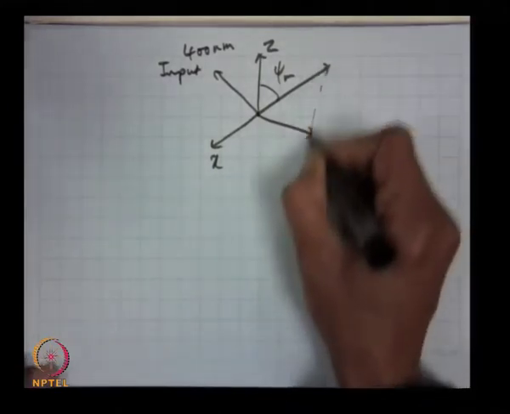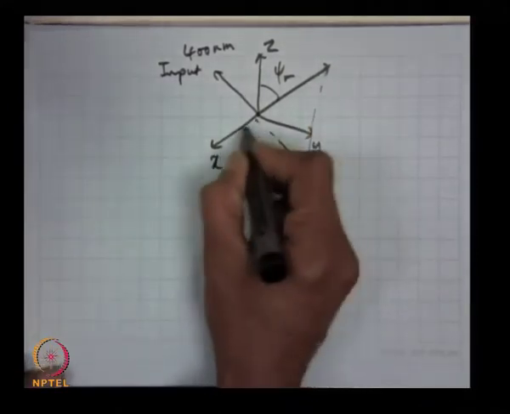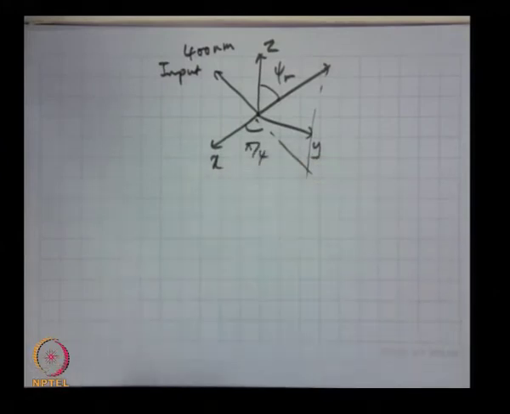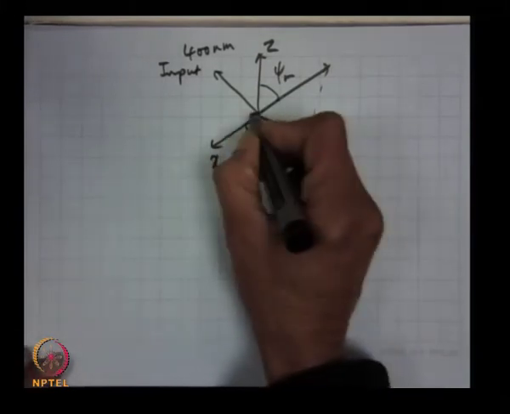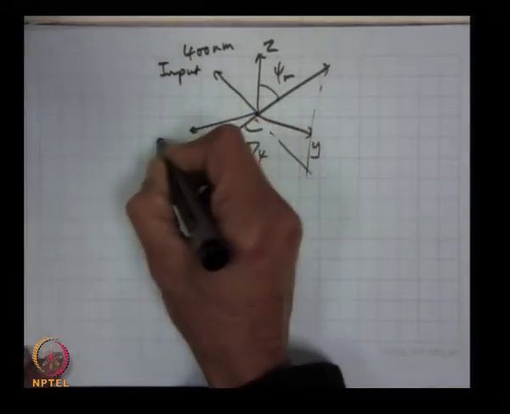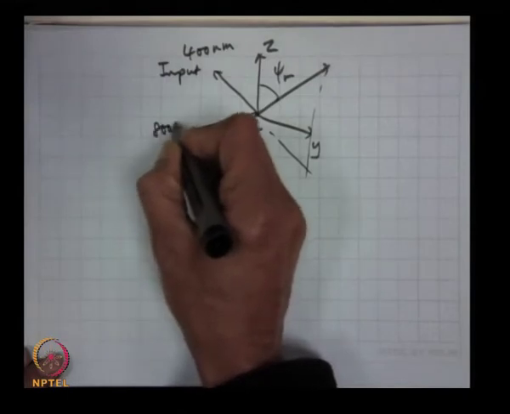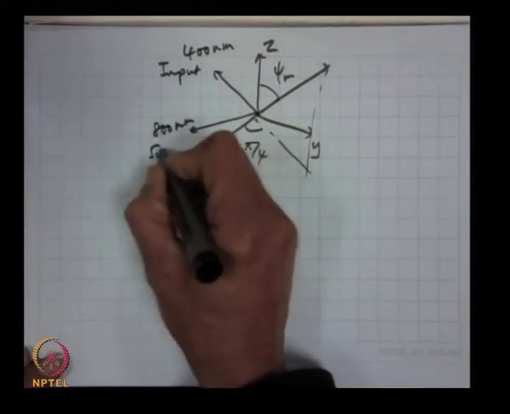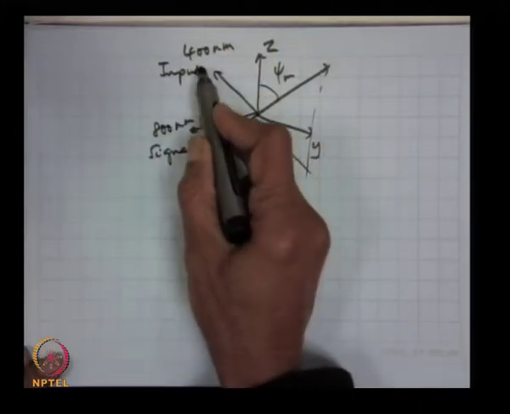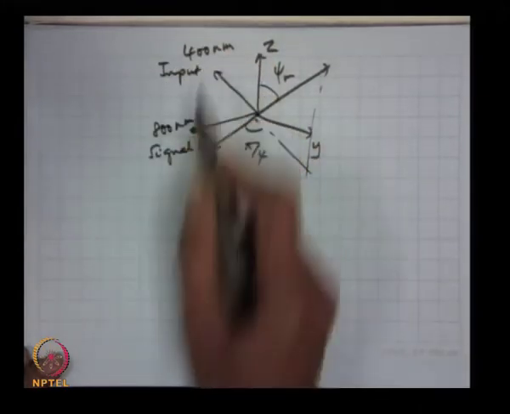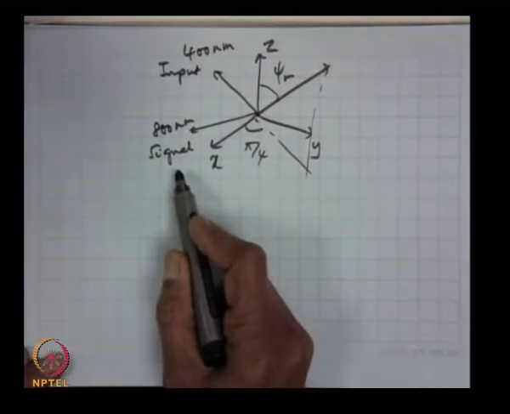Okay, so this is again making an angle of pi by 4 with the x-axis so that I get maximum nonlinear coefficient. And if I simultaneously launch an 800 nanometer signal, the 400 nanometers will be much higher power, and the 800 nanometer will be a weak signal.